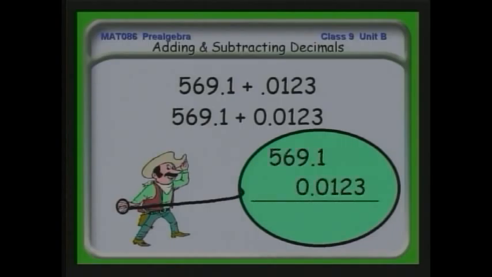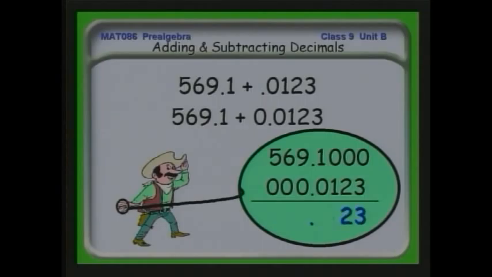Then I can line up the decimal points, but I see I have a problem here. But I can fix this by adding zeros to the right of that 1, so that then I can do this very straightforward addition, put the decimal point in the sum where I need it to go. And this is important. If you forget to put the decimal point in, your answer is not correct.